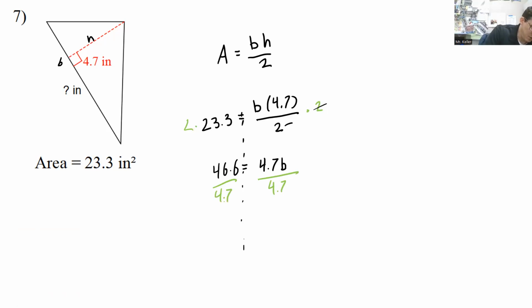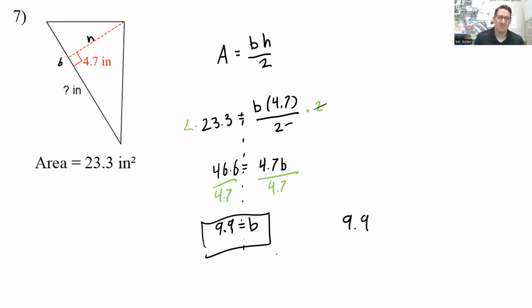So 46.6 divided by 4.7 is 9.9. Just go round it to the nearest tenth. 9.9 is equal to B. That's a weird looking 9. That is 9.9. Yeah. All right.